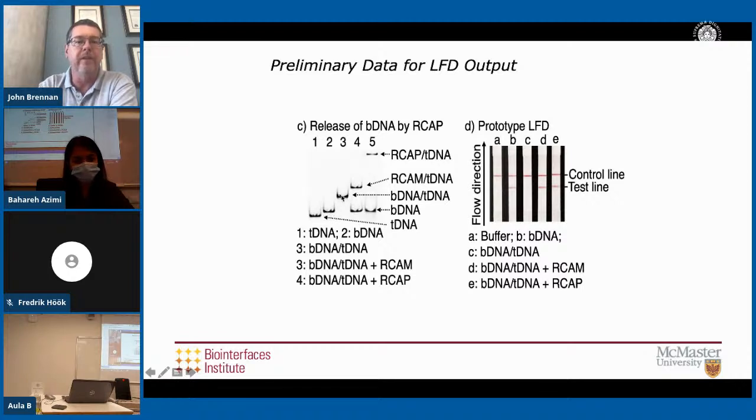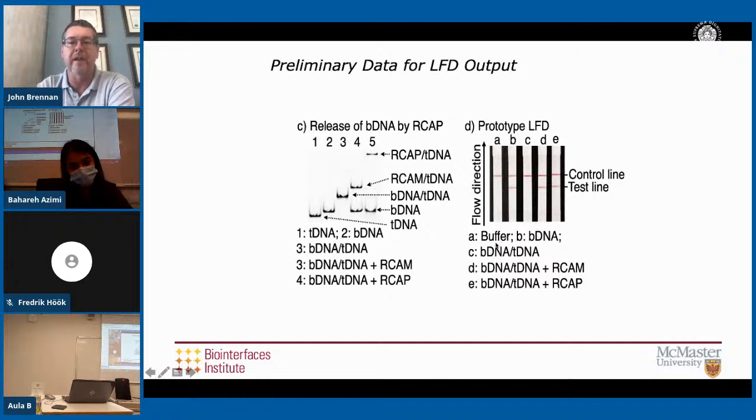There's what we see when the two of these things are together. And if we take a monomeric version of the RCA output, we see it there, and we see our bridging DNA liberated. If we now take the actual RCA polymeric output and run it, there's the bDNA.